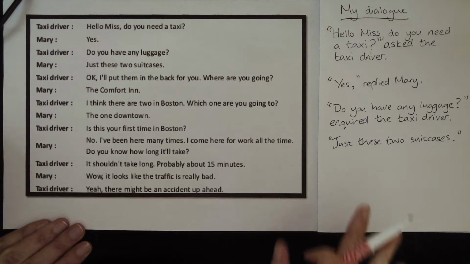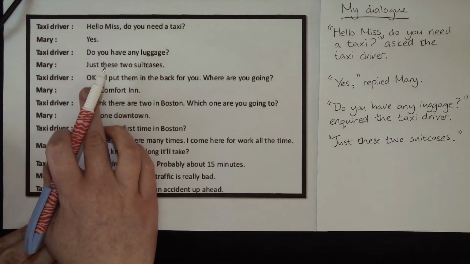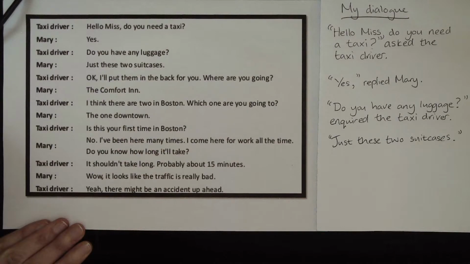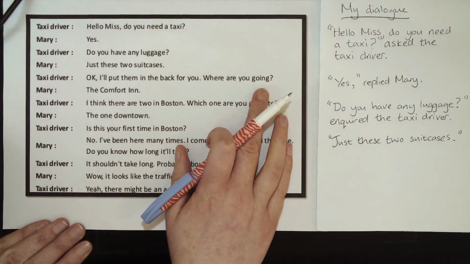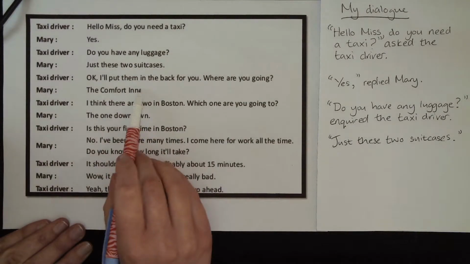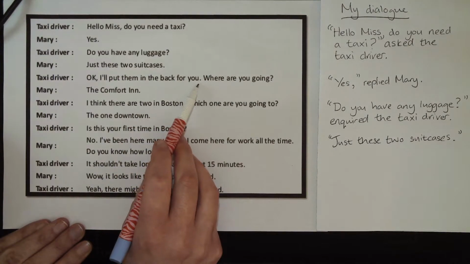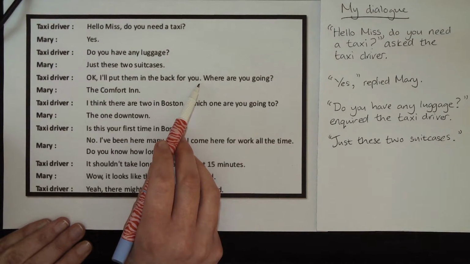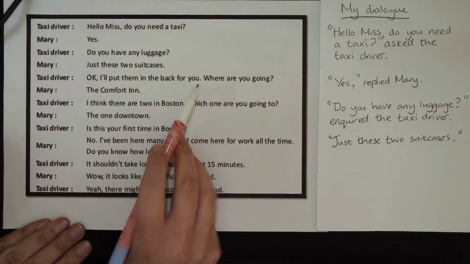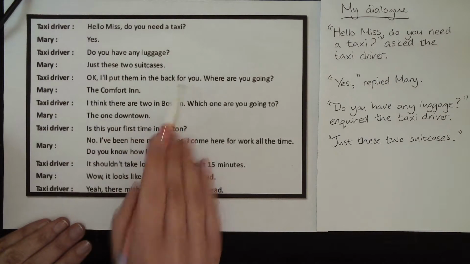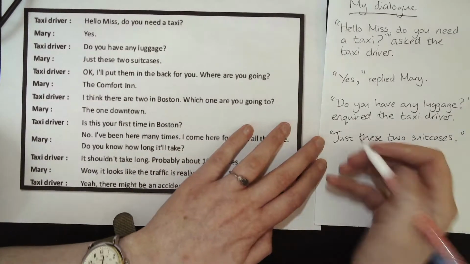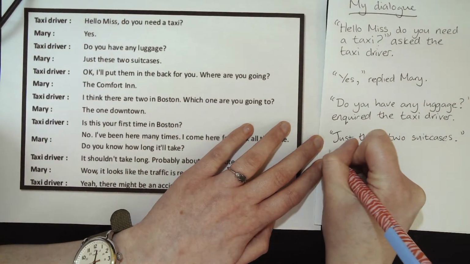Okay, so the next thing the taxi driver says, "Okay, I'll put them in the back for you. Where are you going?" And this is quite a long piece of dialogue here. So what I'm actually going to do is mix things up a little bit. I'm going to write the first thing he says, "Okay, I'll put them in the back for you."